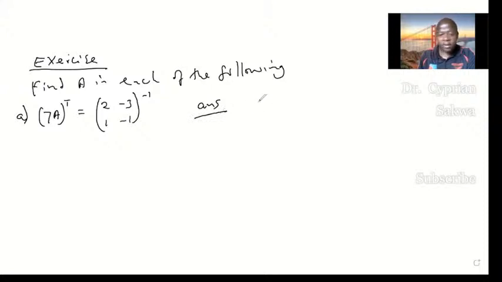My answer is that A is negative 1 out of 7, negative 1 out of 7, 3 out of 7, and 2 out of 7. So just do this question and see if you can get the same answer.